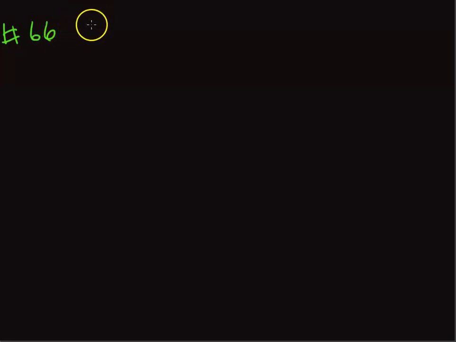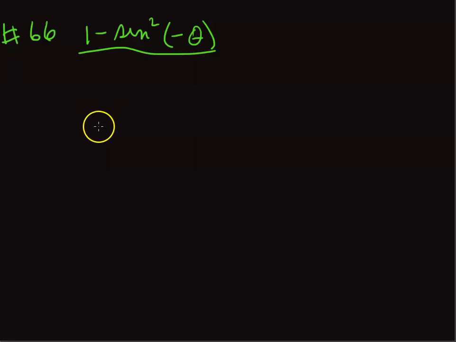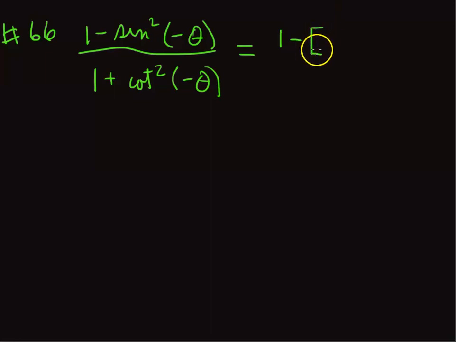If we're given 1 minus sine squared negative theta over 1 plus cotangent squared negative theta, and they say that's equal to 1 minus, in square brackets, sine negative theta times sine negative.